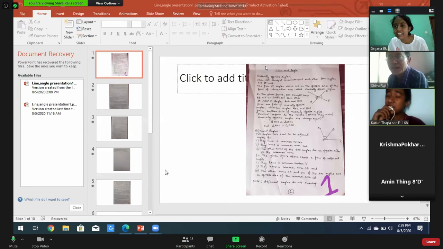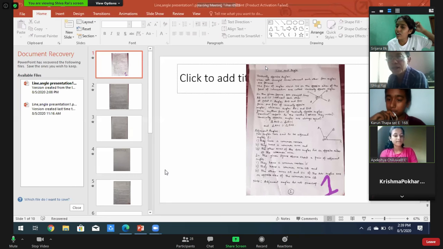Sir, 120 degrees. I am asking, angle y degree equals how much? 120 degrees, because of linear pair, straight line. But how do you get that? Okay, stop. How to get that?